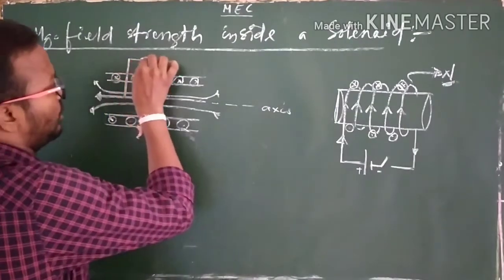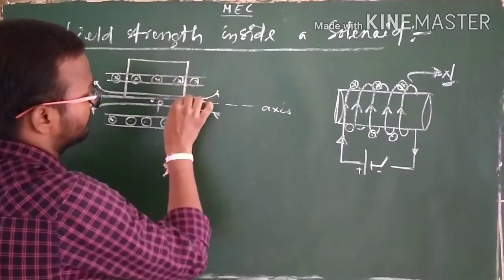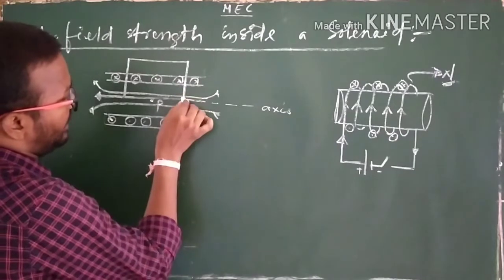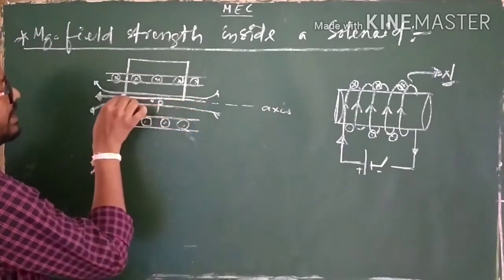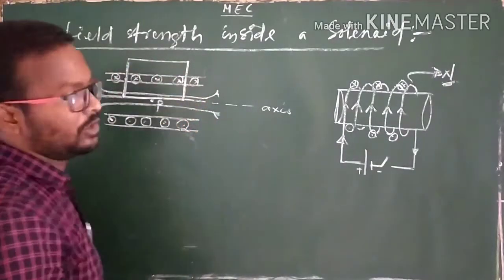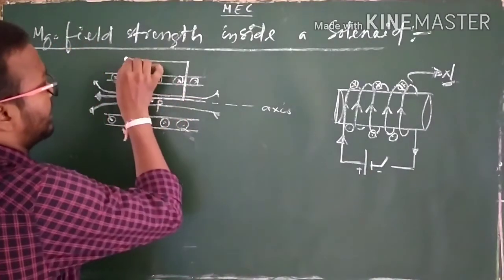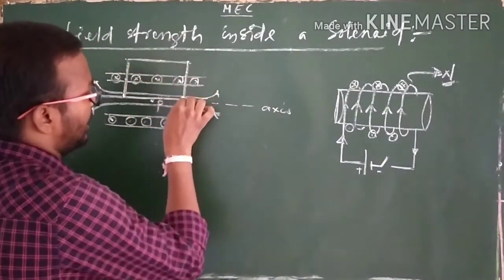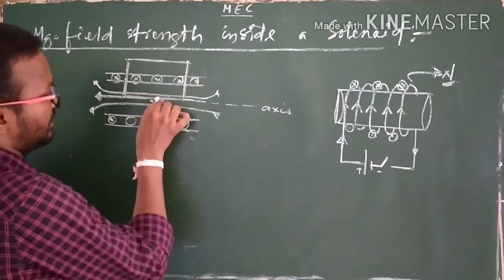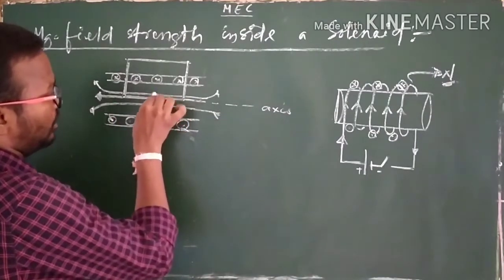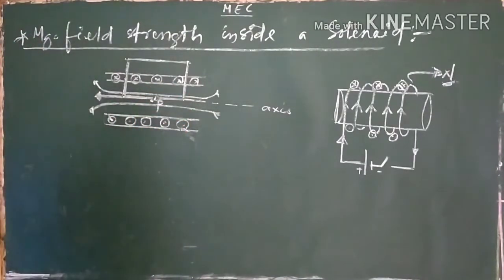This is the Amperian loop, and it passes through point P. It looks like a rectangle. This is a rectangular Amperian loop, passing through the point P.